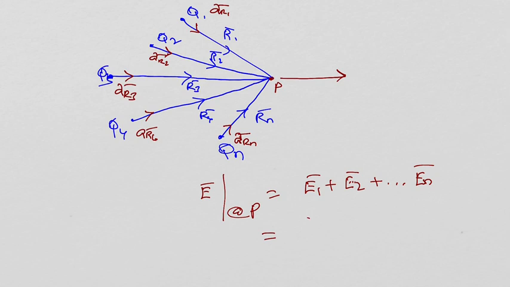Which is given as Q1 divided by 4 pi epsilon naught R1 squared AR1. The second one, Q2 is the source, so 4 pi epsilon naught R2 squared and AR2.